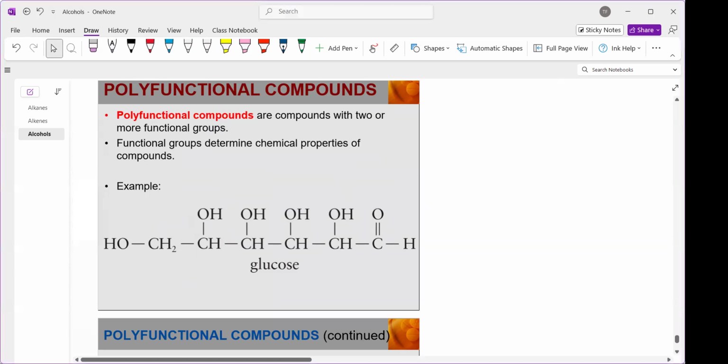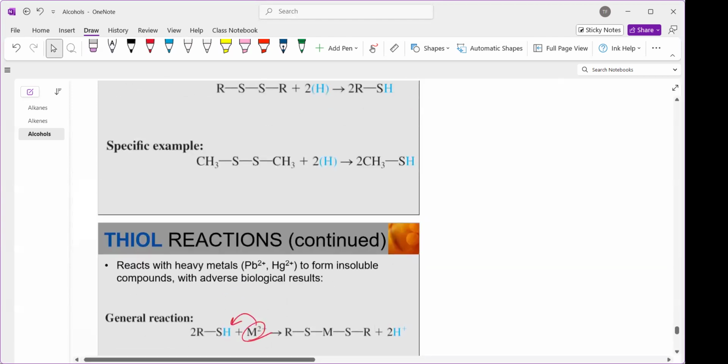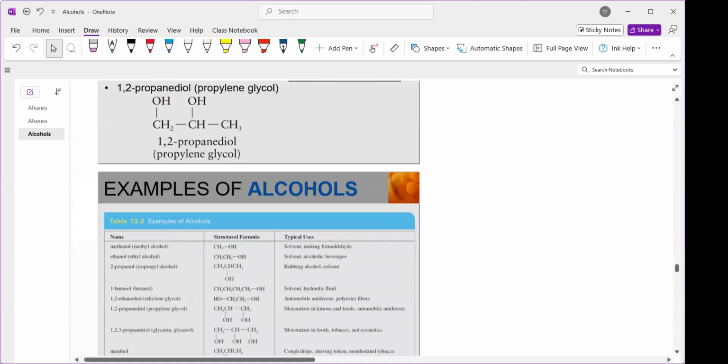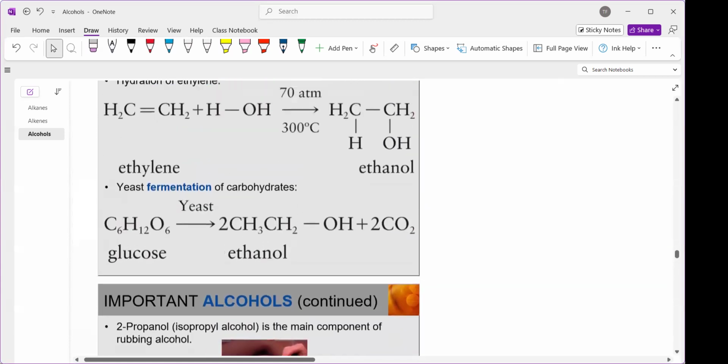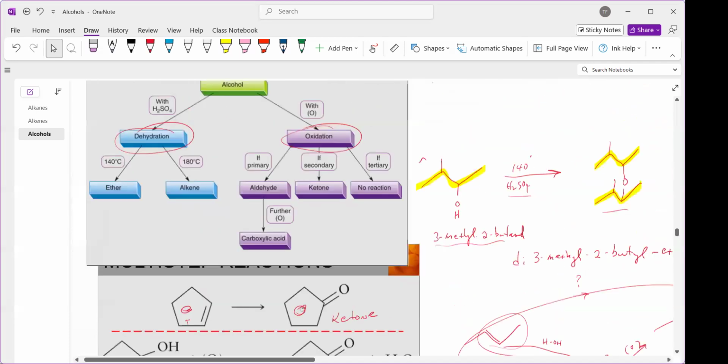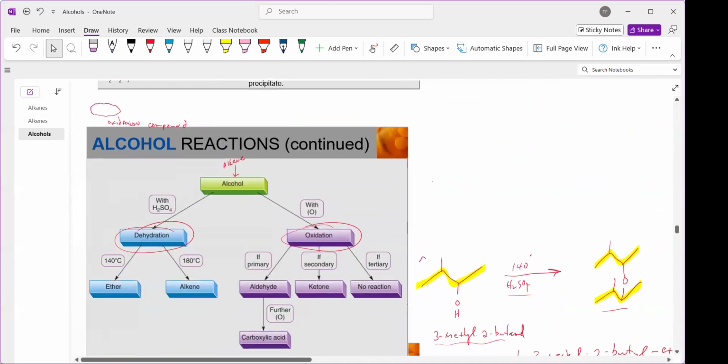Okay, so we haven't touched upon reactions yet. So let's get into reactions. Now, if you took a snapshot of the flow chart I gave you, these are the reactions alcohols can undergo.